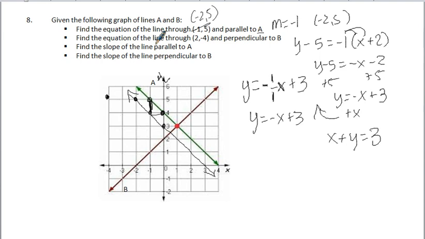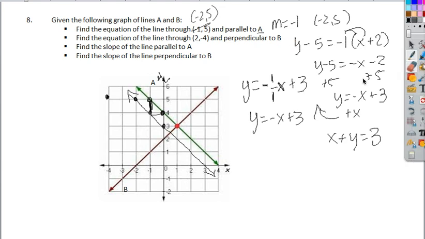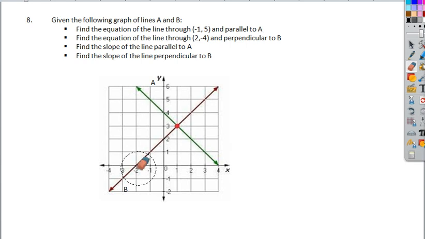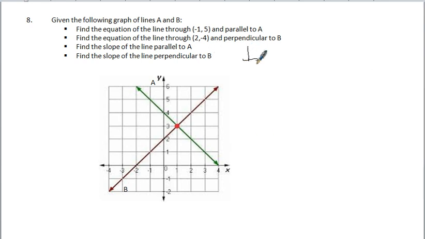Now it says find the equation of the line through -2, -4 perpendicular to B. So let's go find the slope of B, and then let's do perpendicular to that. So the slope of B, let's just pick 2 points on there, is a rise of 1 and a run of 1. So the slope of 1, perpendicular, flip, and from negative to positive, or from positive to negative.